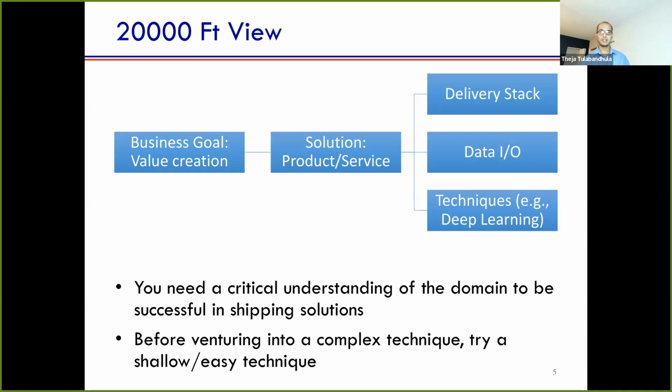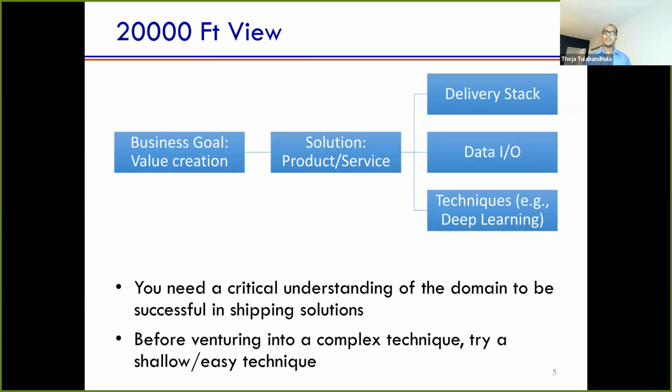Maybe it's a cloud app, a SaaS, a standalone product, or a physical product. If it involves data and computation, there are concerns like what computer system and what the data IO is. And then there's a part related to the data science techniques. Within that there are hundreds of techniques, out of which deep learning techniques are one component.